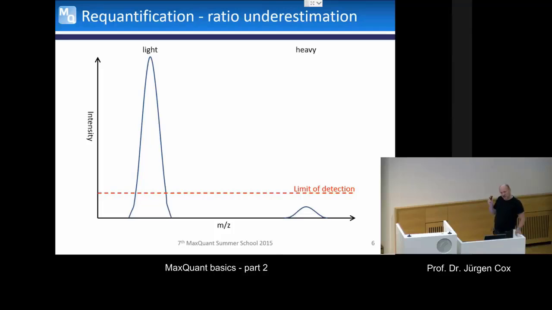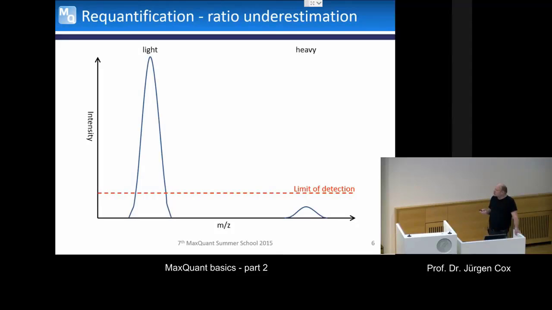You're looking at a specific position, and because the data is not completely noise-free, even though there's not supposed to be anything, there is some signal that you pick up at this particular position. In that case, you would underestimate the ratio, meaning the absolute value of the ratio is smaller. Let's say the real ratio, if you were able to detect this peak, would be 20, but if you detect the noise peak instead of the one at the limit of detection, then you would report a ratio of 10 instead of 20.